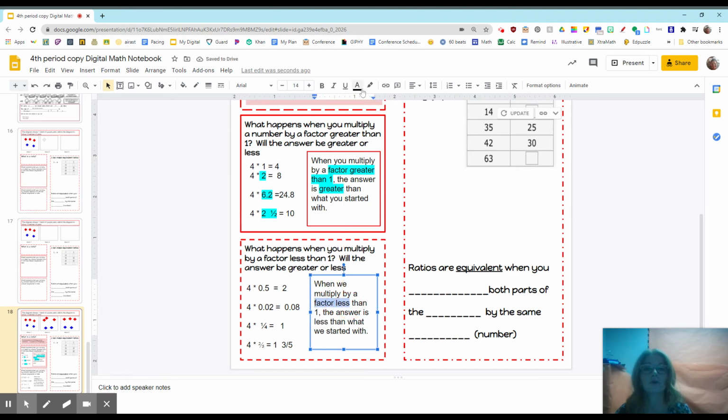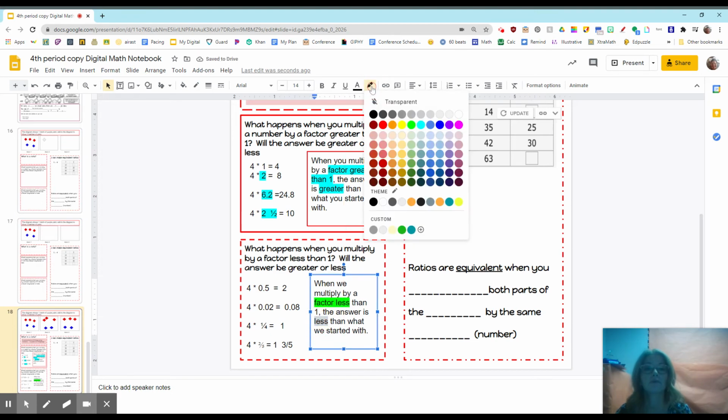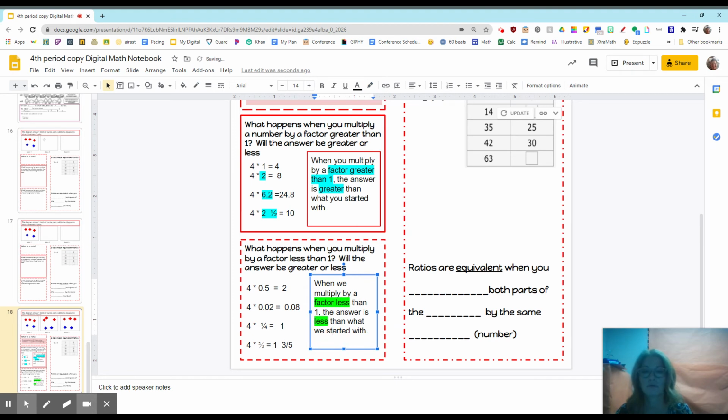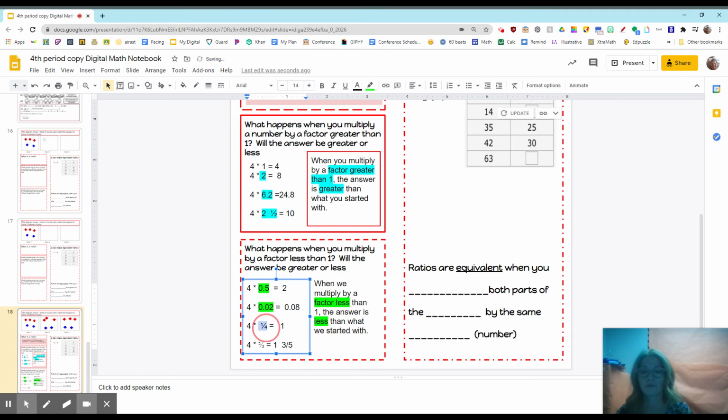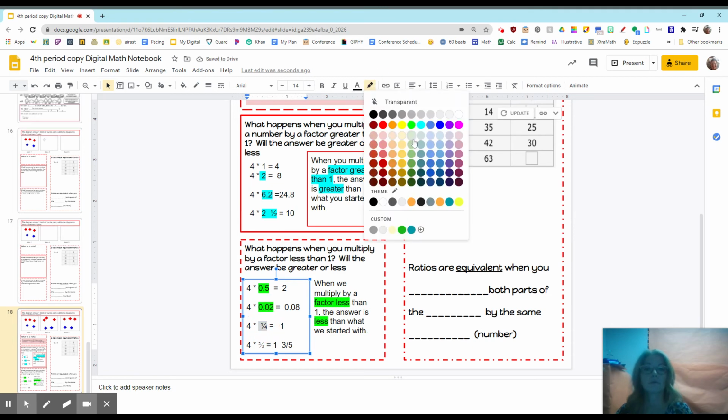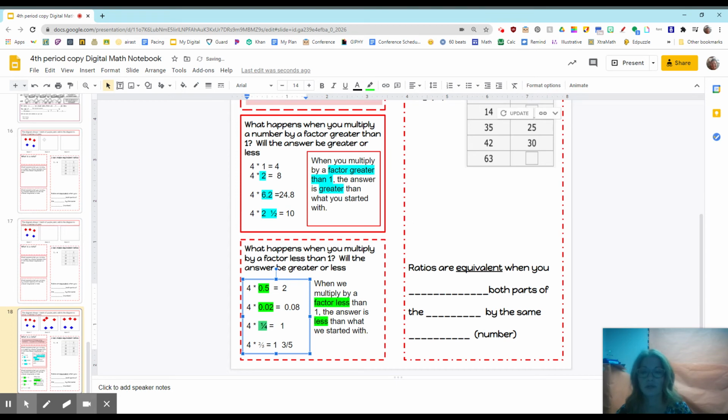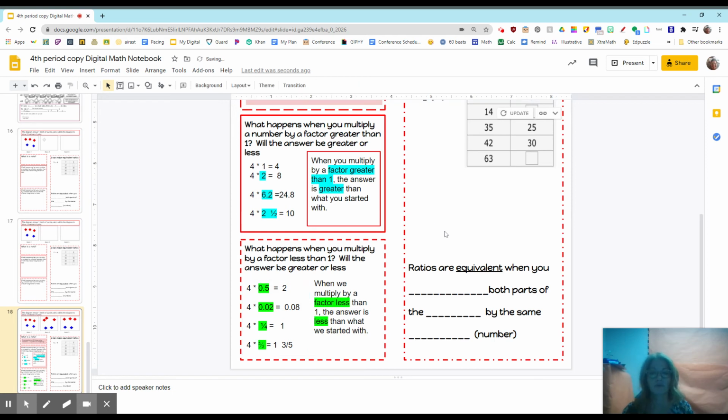Factor less than 1, go green, and the answer is less. Does not want to be helpful. So a decimal, basically we're talking about decimals or fractions less than a whole number 1. I'll highlight all of those. Now, some people today had a hard time getting their notebook to work. I'm not sure why. Remember, you can always go back to my notebook and look at what I have finished.